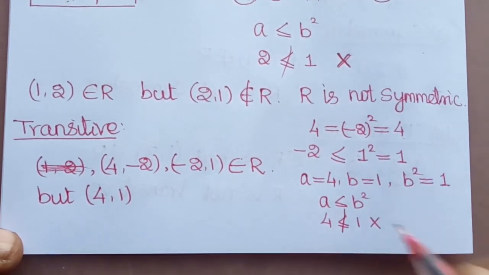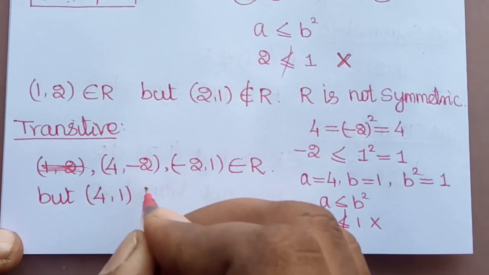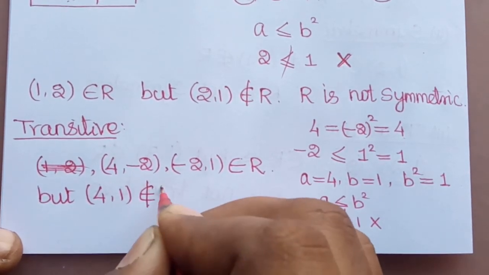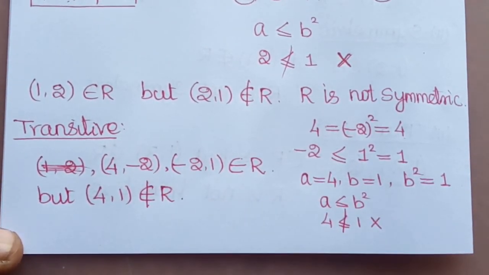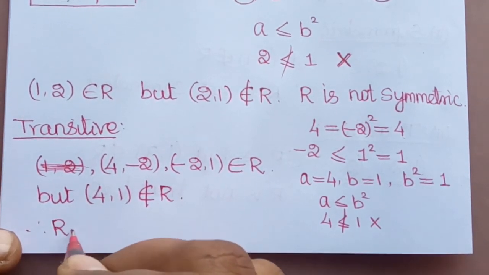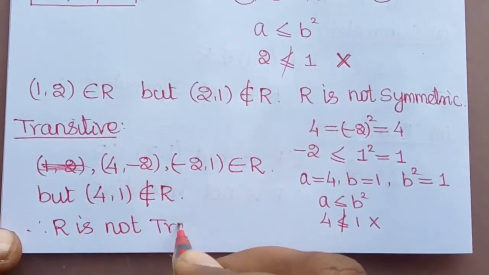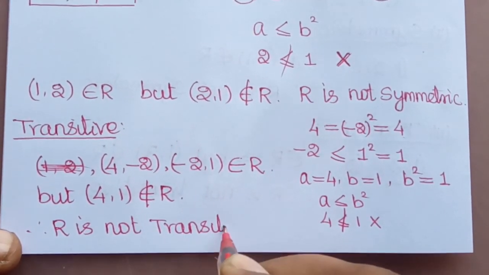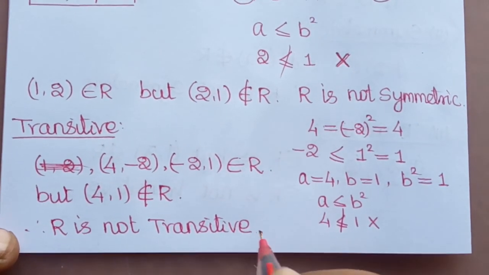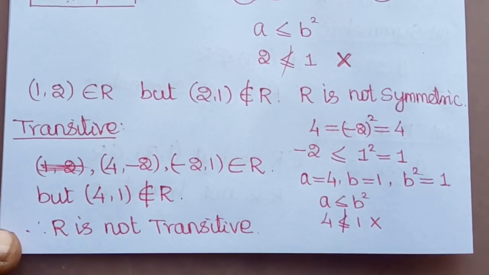No, it does not satisfy. So (4, 1) does not belong to R. Therefore R is not transitive. So the relation R is not transitive. This is our second question.